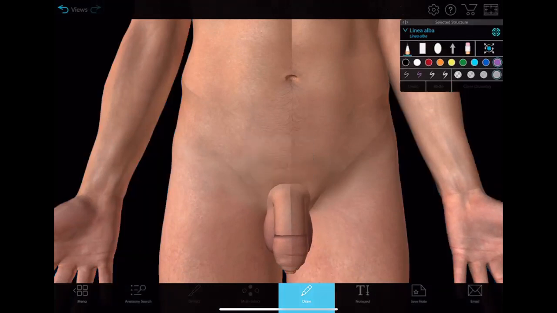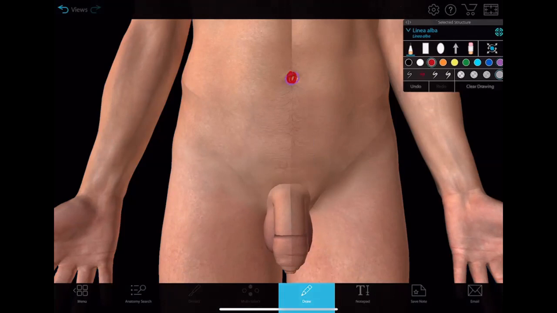McBurney's point, okay? So this is umbilicus, right? This is anterior superior iliac spine, right? So divide that into 3 equal parts, right?